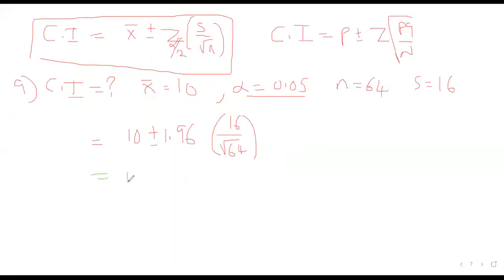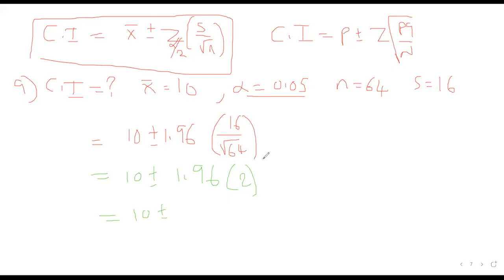So, calculating, we're using Z because our sample size is more than 30. If it was less than 30, we would have used the T. And the T has its own procedure of reading. So, the square root of 64 is 8. 16 divided by 8 is 2. So we'll multiply 2 times 1.96.